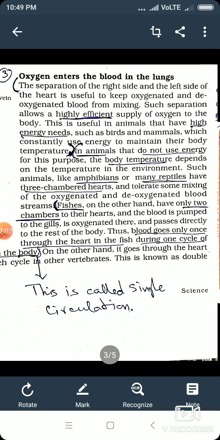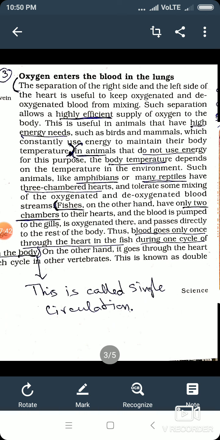So what are warm-blooded animals? Warm-blooded animals are those animals which require high energy to maintain their body temperature. Their body temperature is not controlled by the environment. As we all know, our body temperature is constant, that is 37 degrees Celsius, or you can say 98.6 degrees Fahrenheit.